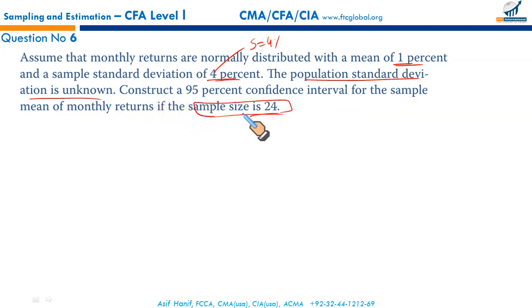Since the sample size is small and we do not have the population standard deviation, we will have to use the t distribution to solve this question. For that, we take the point estimate plus or minus, in order to develop the confidence interval, t alpha by 2 times s upon square root of n.